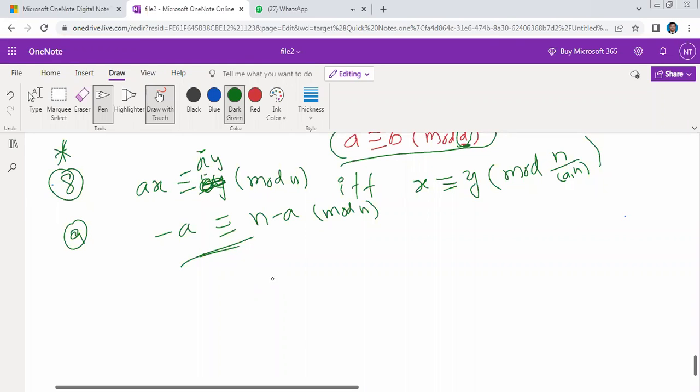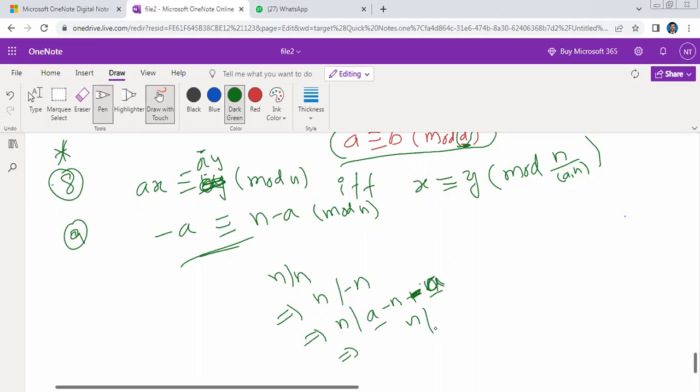In general n divides n, am I right? Whenever n divides n, it divides minus n also. Now I can write n divides minus n as a minus n plus n... sorry, minus n. I added a and subtracted a. Is it correct or not? Yes, sir.